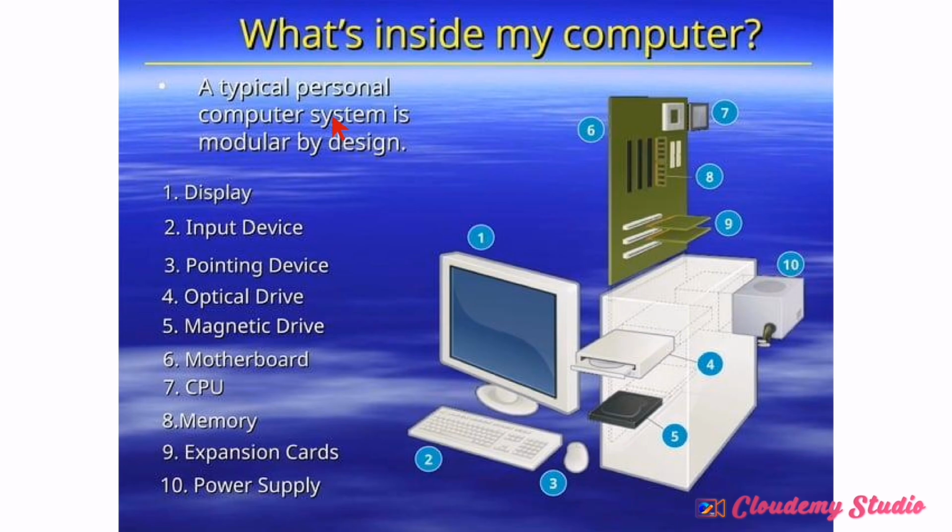Number one is the display, which is also called a monitor. Number two is the input device. What is an input device? It's something connected to the computer, like a mouse. A keyboard is also an input device.